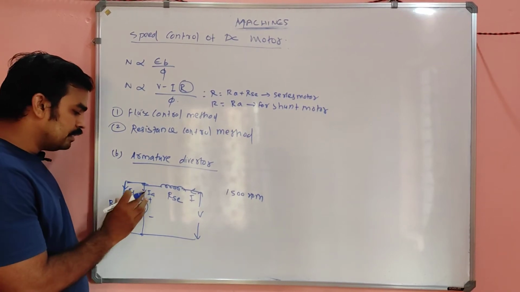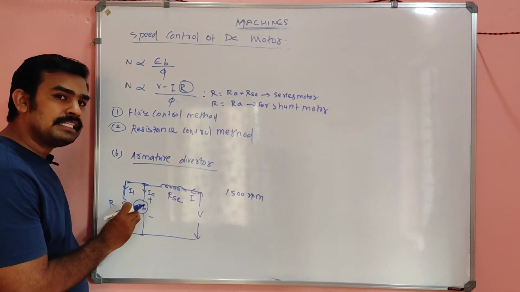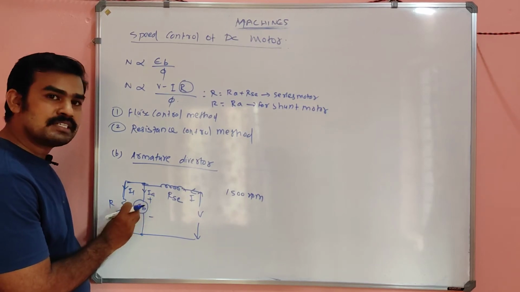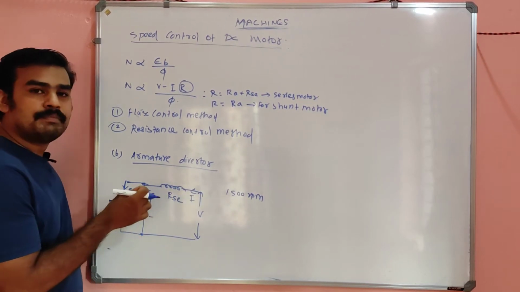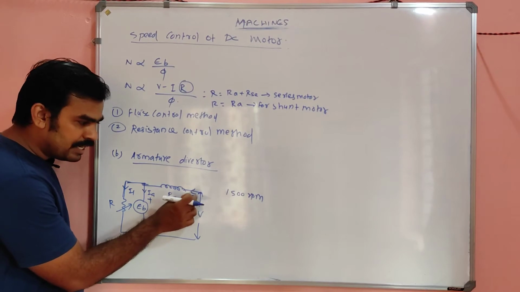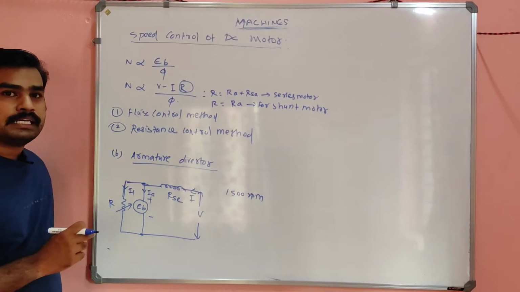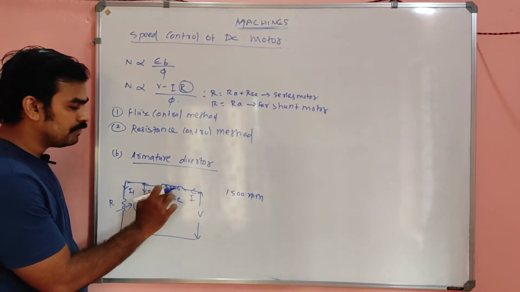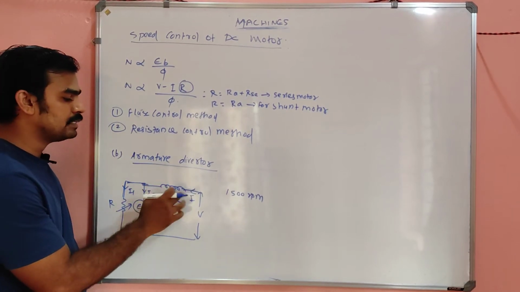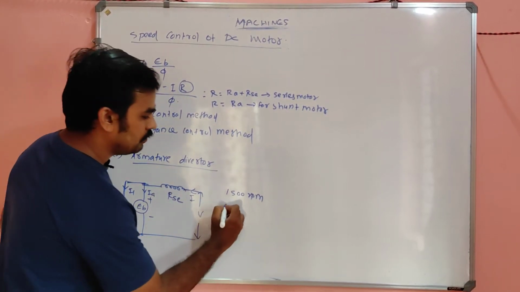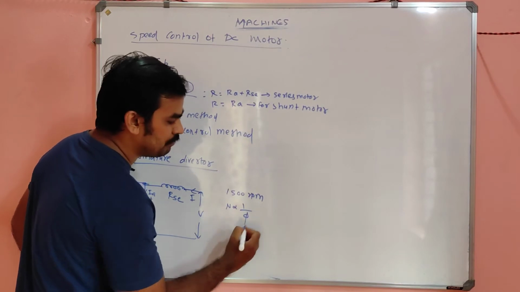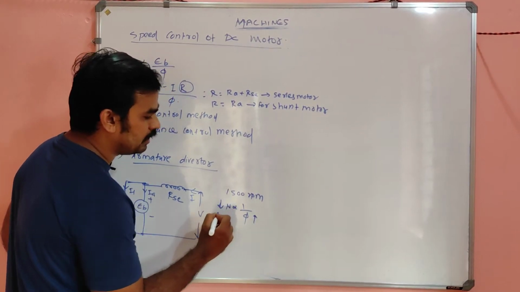But if you add something in parallel with the armature, the effective armature resistance will be reduced, so the current will be very high. That means this incoming current will be very high. If the incoming current is high, the flux here is also very high. We have the relation N proportional to 1 by phi. If phi is high, N will be reduced.